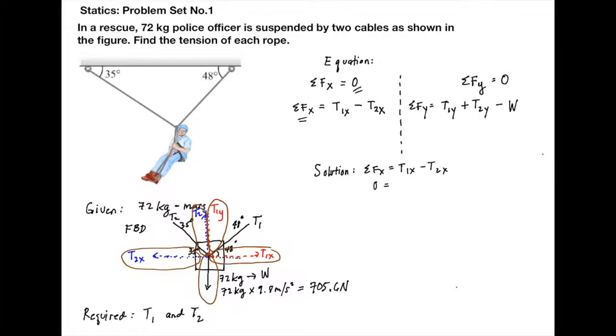We can say that it is cosine of 48 degree times the value of the T1 minus cosine of 35 degree times the value of T2.